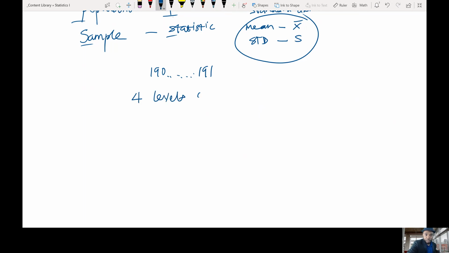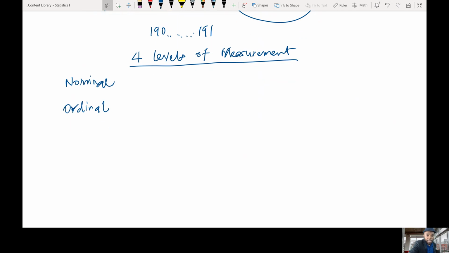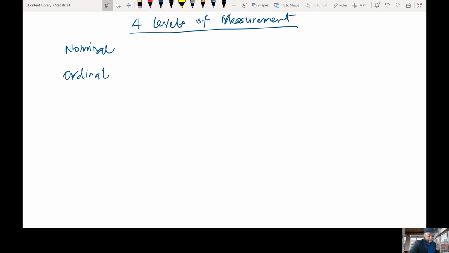There are 4 levels of measurement: we have nominal, we have ordinal, we have interval, and we have ratio.